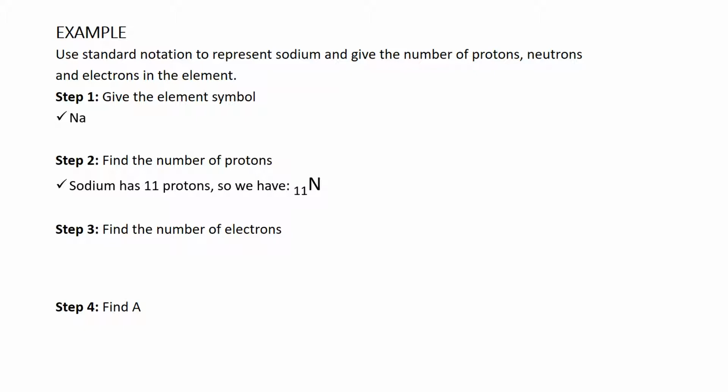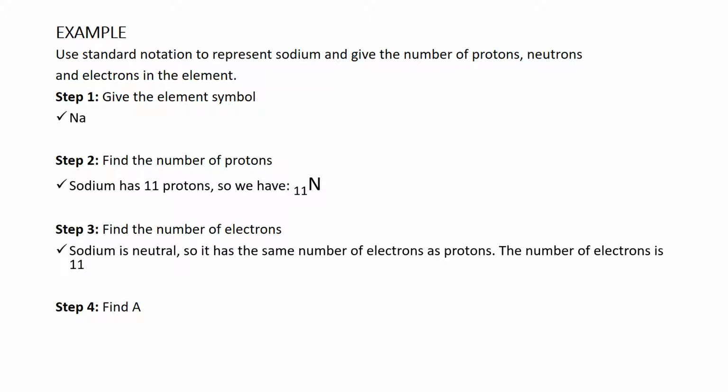It is 11, and then we write it at the bottom next to our element symbol. It is preferred that you write your number of protons at the bottom. Then you find the number of electrons. The number of electrons for a neutral atom is equal to the number of protons. So automatically, if you have the number of protons, you will have your number of electrons.